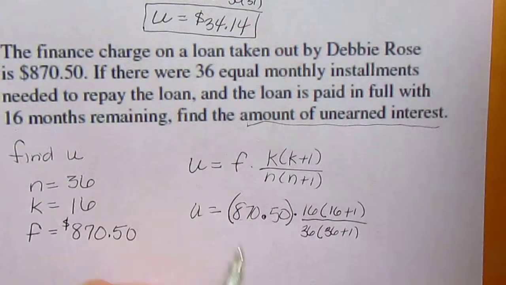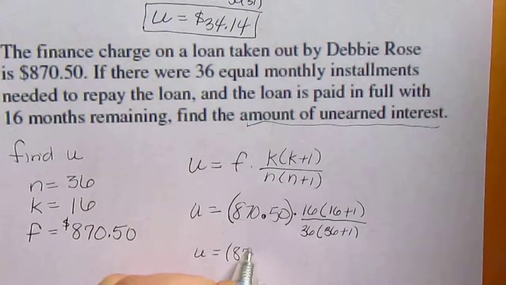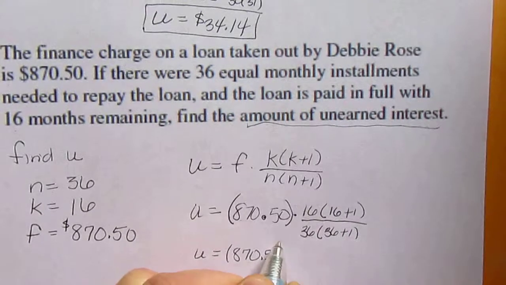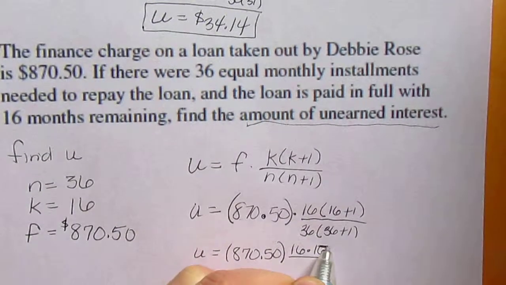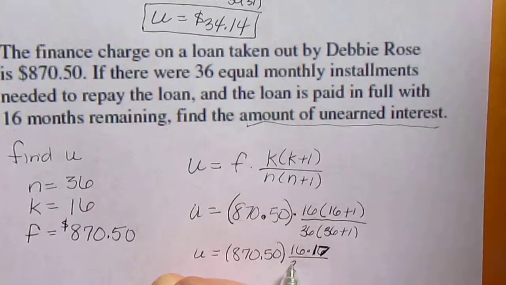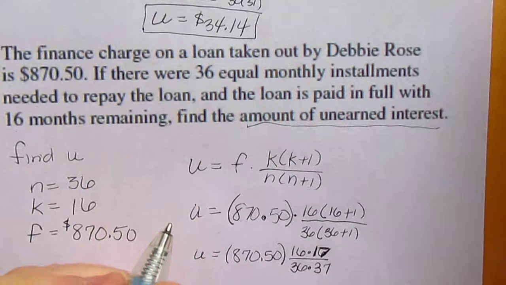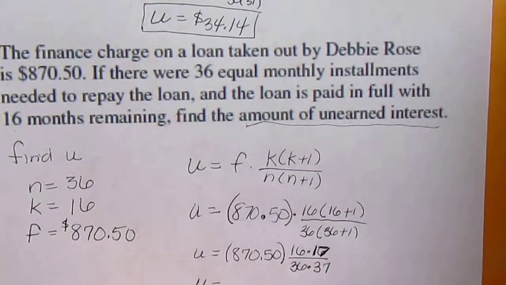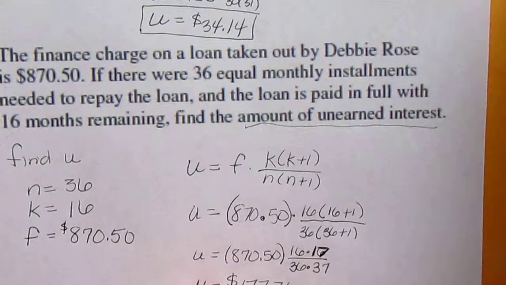That's one number right there, so I'm just going to put it in parentheses so it makes that clear. 870.50 times 16 times 17 in the numerator, 36 times 37 in the denominator. You end up saving interest of $177.76.